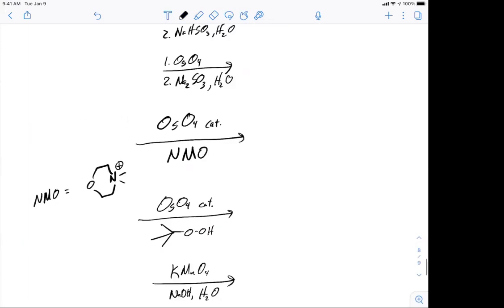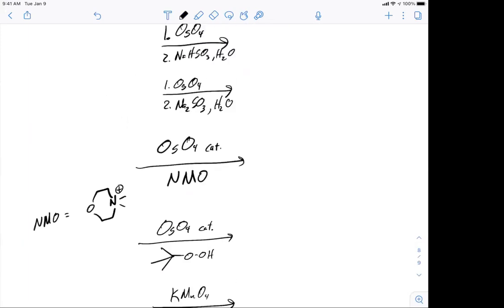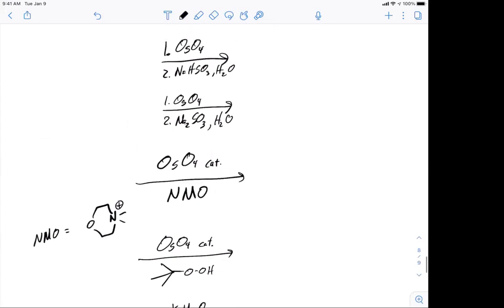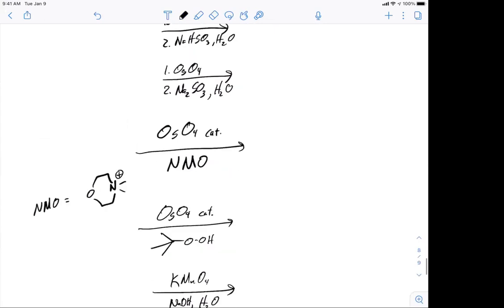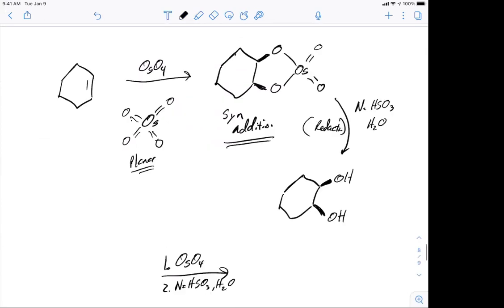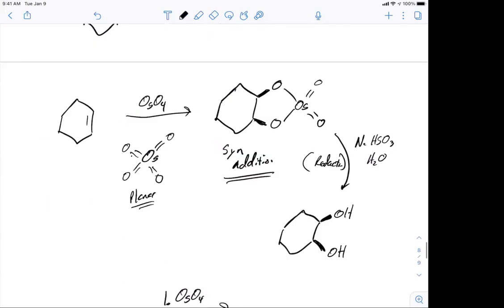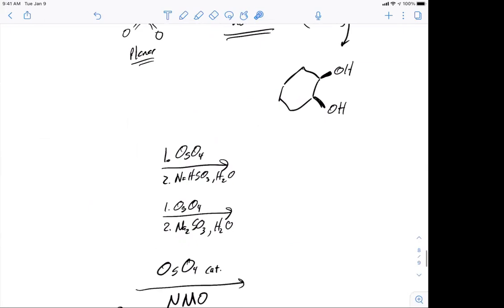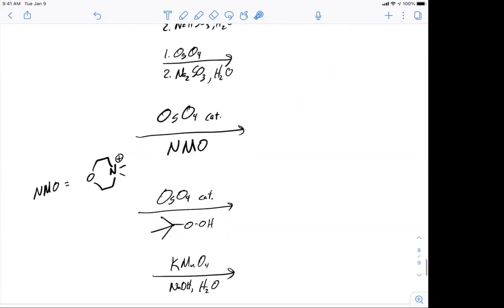So all 5 of these combinations, notice the first 4 have the osmium tetroxide, that's how you recognize it. The other one is the KMnO4, the way you recognize that is it has 4 oxygens, right? All of these go through this intermediate here, whether it's osmium or manganese, and then a process to where it becomes the diol. Okay. With that, it looks like we've run out of time.